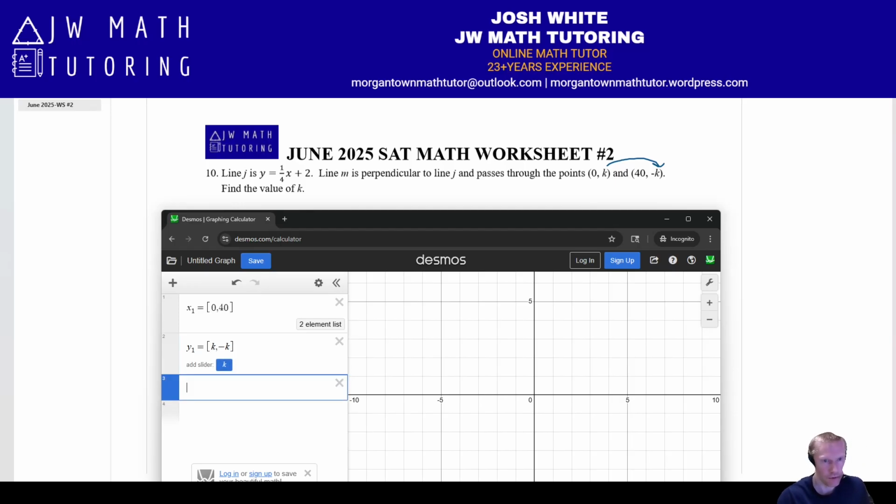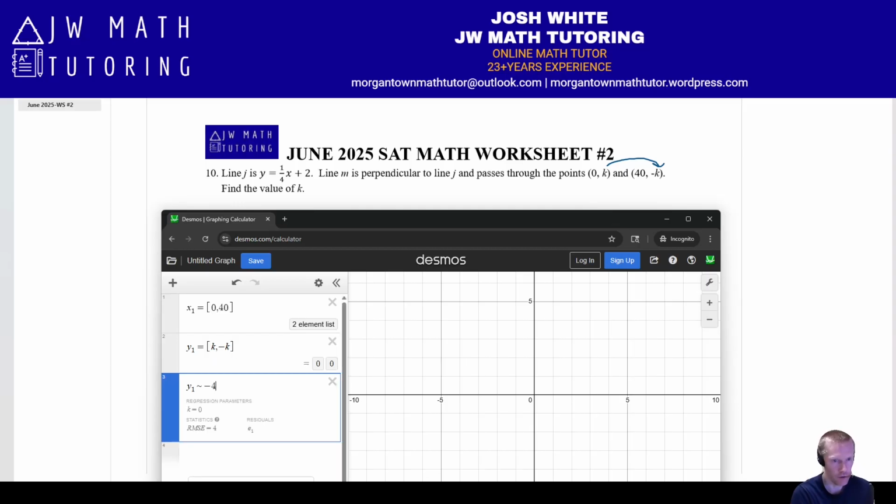So these are the points, x and x, y and y, and I'm going to do linear regression. I know again the slope is -4. So I go ahead and I solve this, and notice it just gives me k is equal to 80, which is what we're looking for. So this is how you do this entire problem in Desmos, basically using lists for the 2 points.